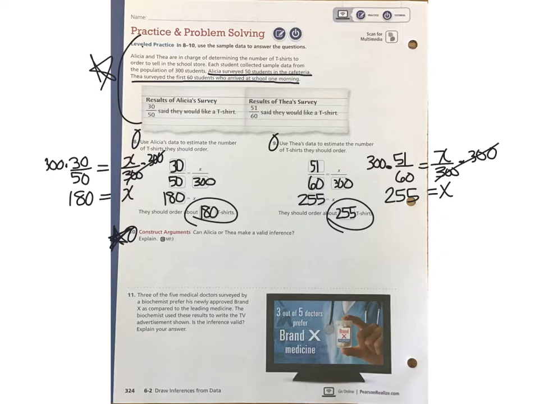Okay, Alicia only surveyed students in the cafeteria. Well, what about students that didn't go to the cafeteria that day? And Thea only surveyed the first 60 students who arrived at school in the morning. What about the students who came a little bit later? So neither of them can claim that they surveyed a representative sample, and therefore their inference is not valid.